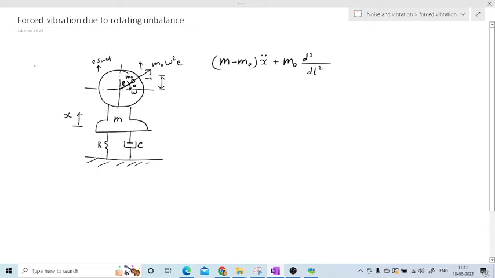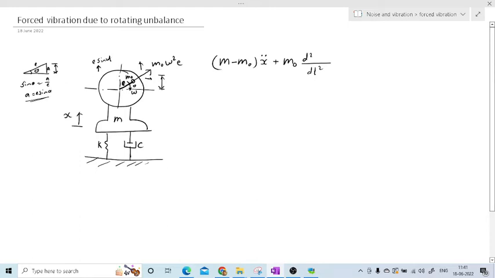Or you can draw the triangle. So make a small triangle here. This one is e, this angle is theta, and you want this vertical distance. So take sine theta for this term. This sin theta will be considered a divided by e, so a will become e sin theta, and theta is nothing but omega t.